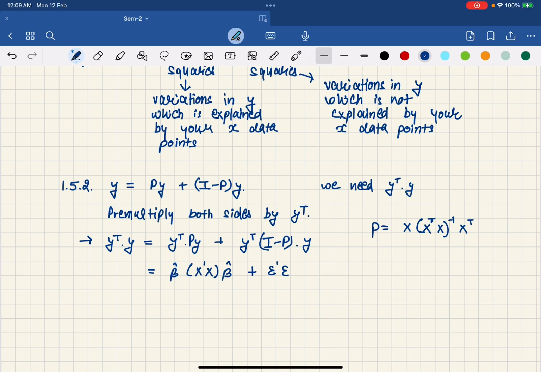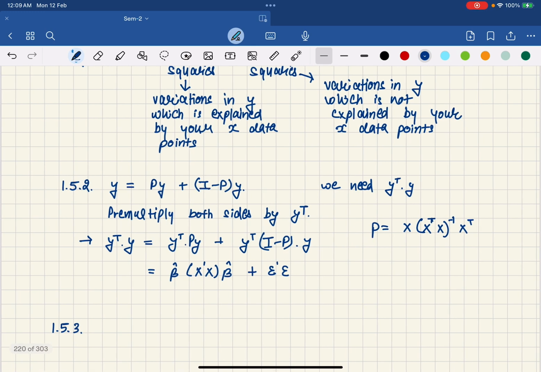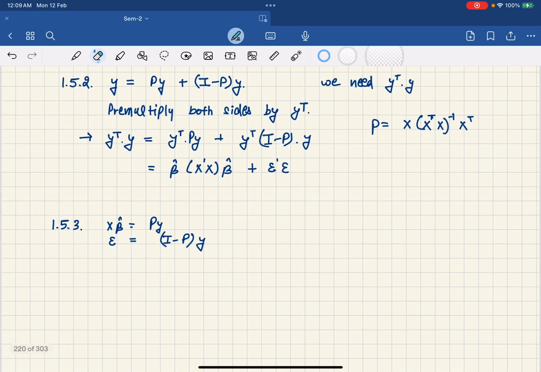Okay, our third method is we have defined our Xb vector as Py, right? And our error term vector as (I minus P)y. But we need the square of these vectors, right?